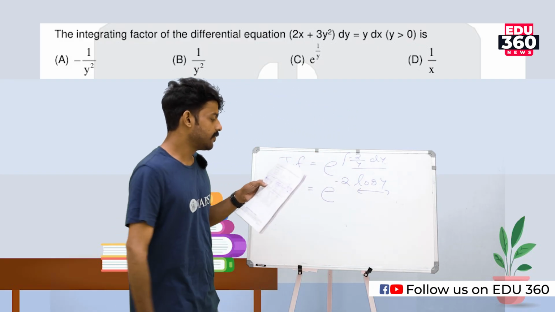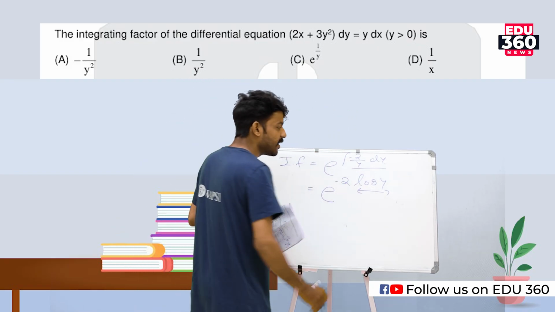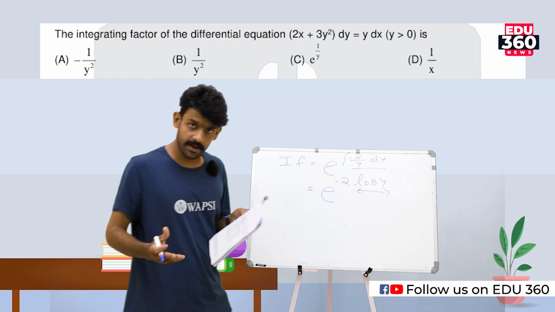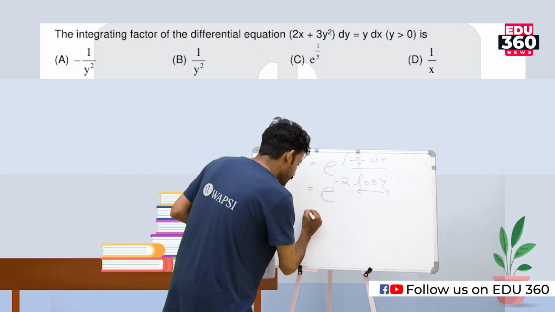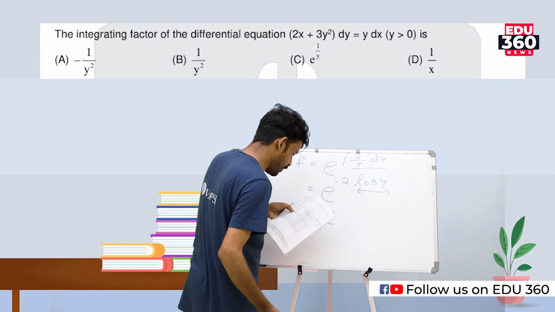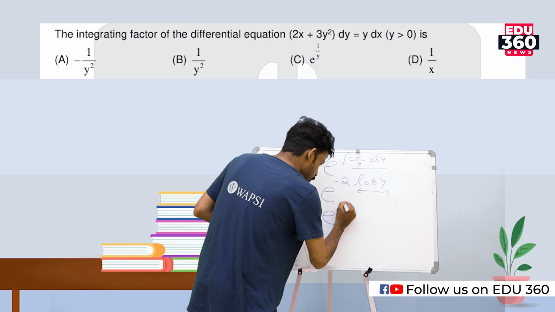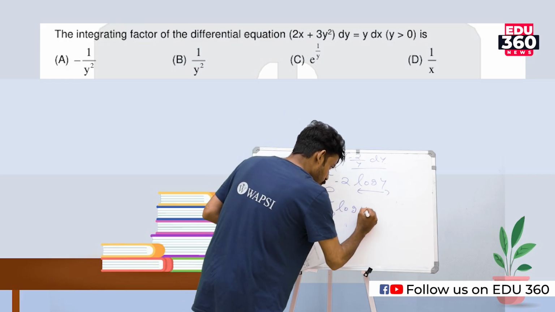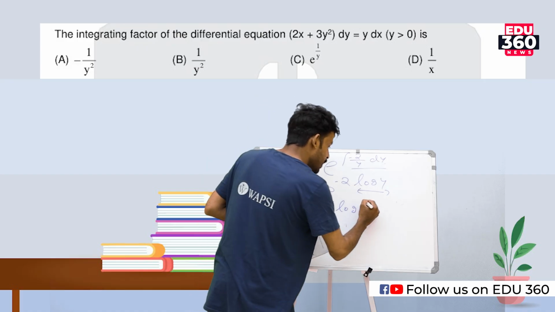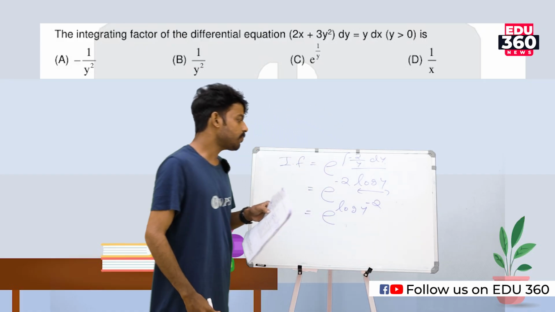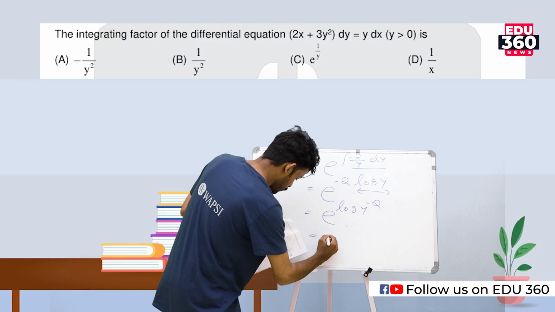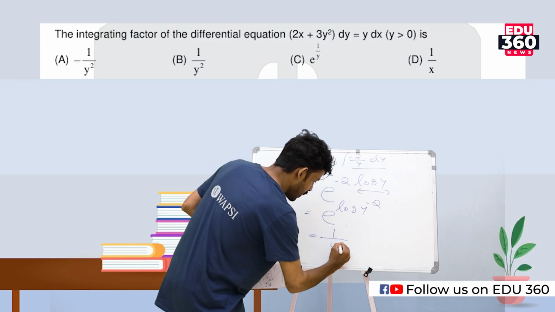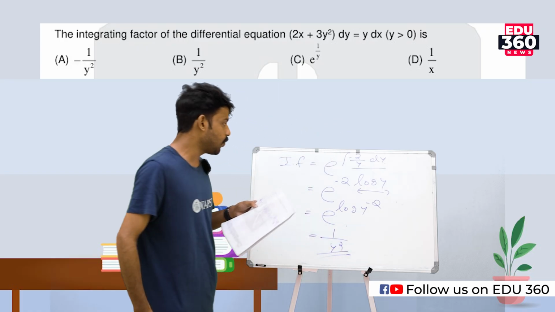So hereafter, we can rearrange this: -2 log y can be written as log y raised to minus 2. On the next step, we write e raised to log y^(-2), and we know that this is equal to 1/y².